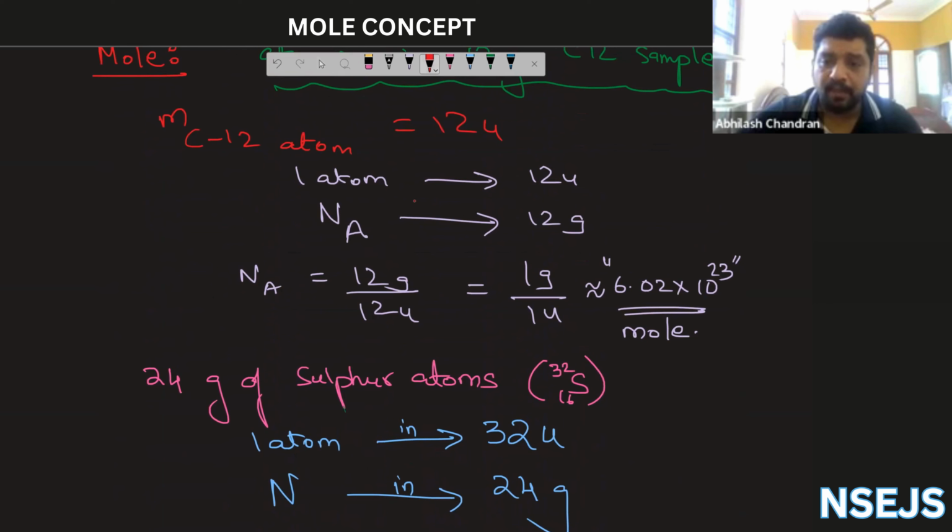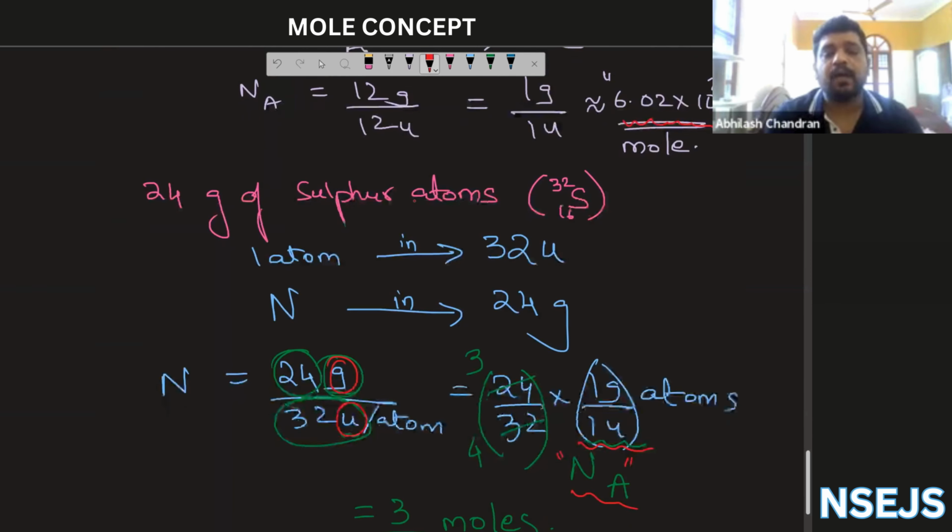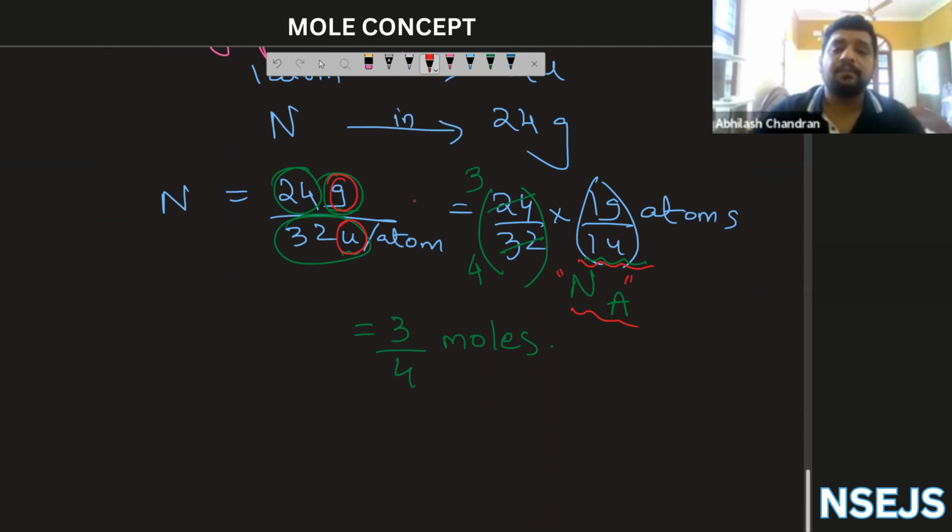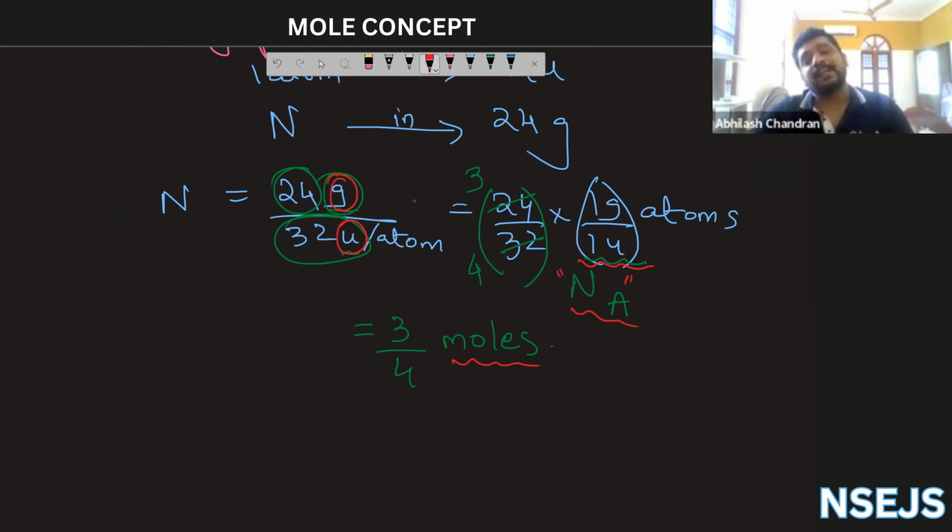This is a huge number, but the actual number of molecules in any real life quantity, like 10 grams of oxygen or 1 kilogram of oxygen, is going to be large. So I'm simplifying my representation by using this new term called mole, which is just a simple counting term. It's defined as that quantity of substance which has as many particles or entities as there are atoms in 12 grams of a carbon 12 sample.